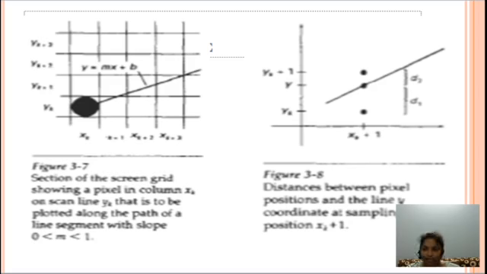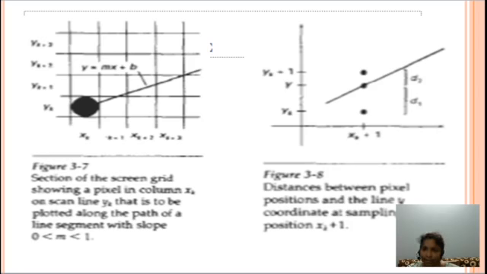See, we are taking the difference between yk plus 1 and y as d2 and the difference between y and yk as d1. So d1 is the difference between y and yk and d2 is the difference between yk plus 1 and y.